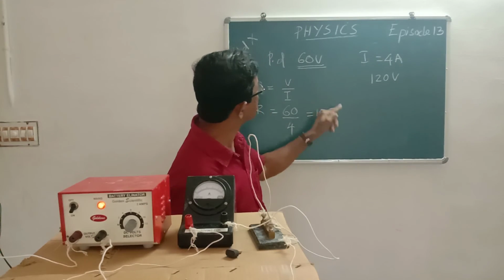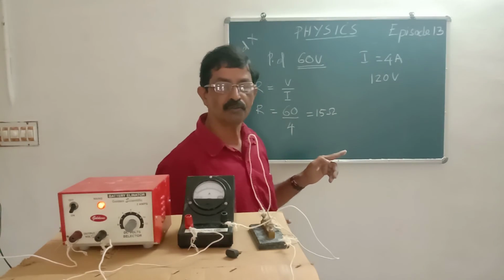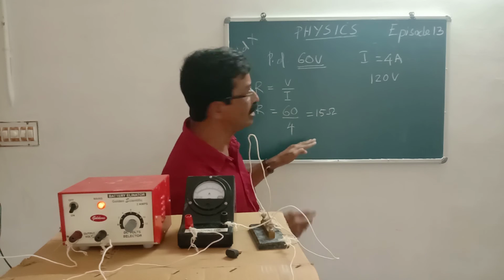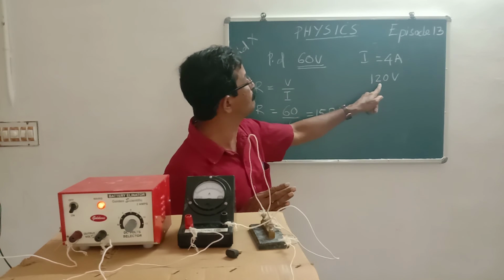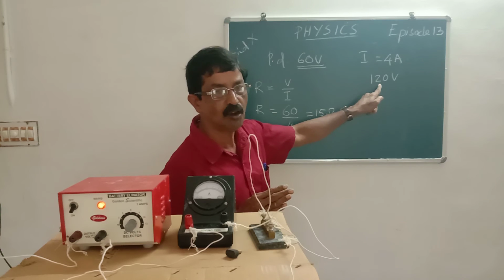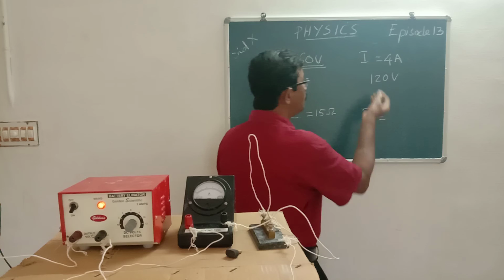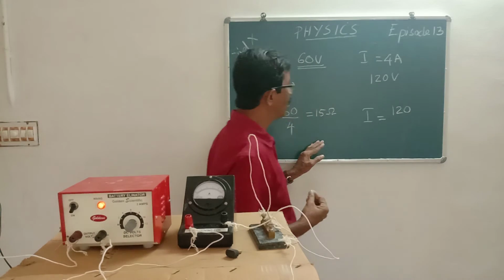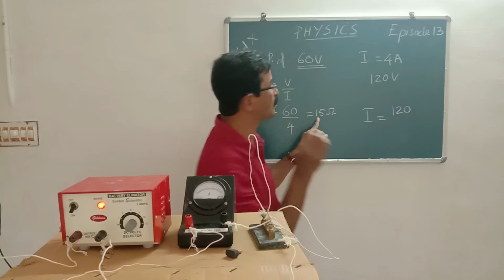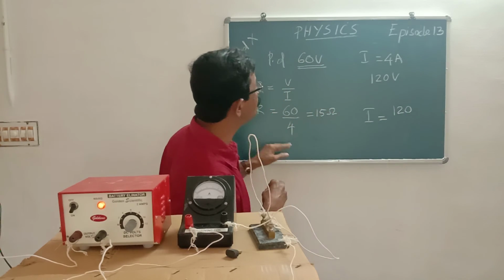See, we got it as 15 ohm. Now what we want to find out is the current through the appliance when the potential difference is 120 volt. Now we can find it. Current I is equal to V by R, since we know this relation.